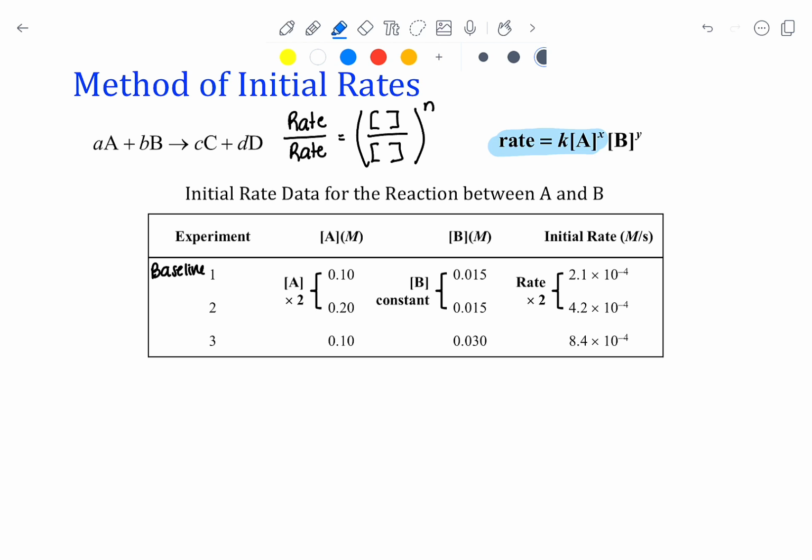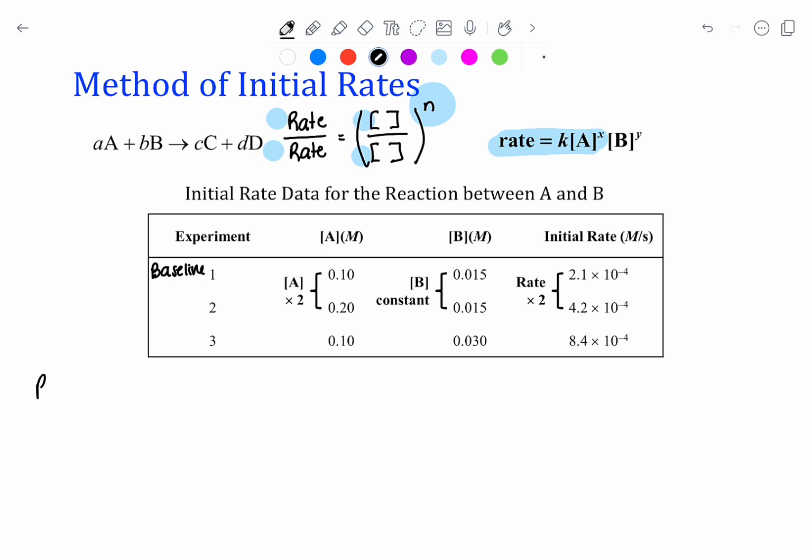If we're comparing two experiments, we're just taking the ratio of the rates and the ratio of the concentrations in order to find our variable n, or in this case for reactant A, x.